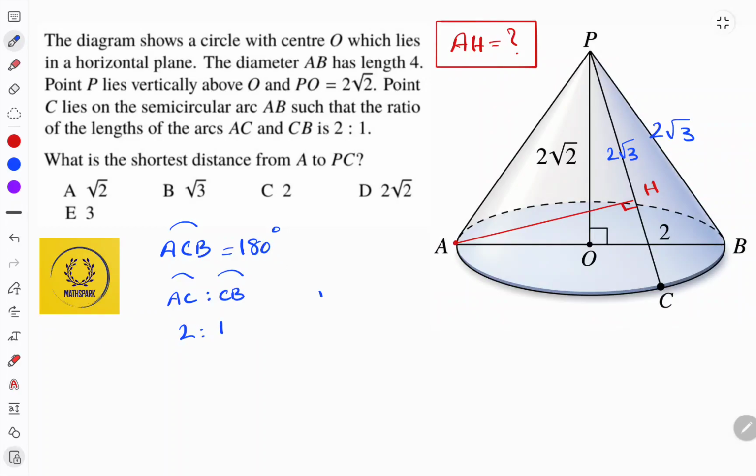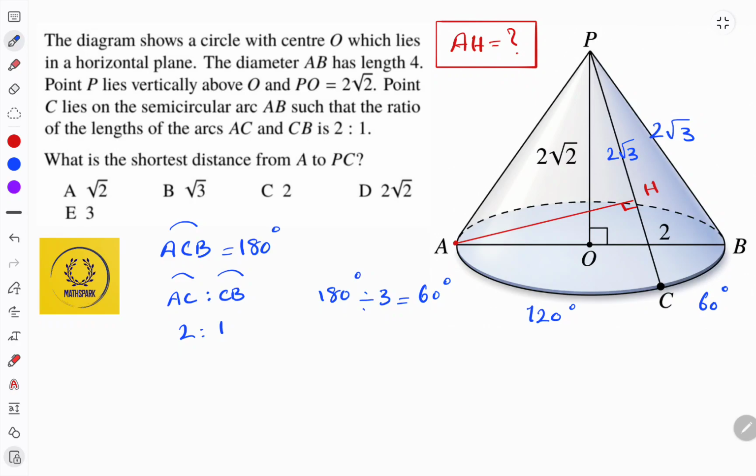So if we divide 180 degrees into 3 equal parts, the sum of 2 and 1, each part is 60 degrees. So we found that BC is 60 degrees, and AC is 2 times 60 degrees, which is 120 degrees.